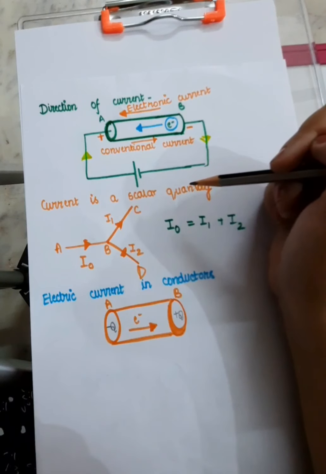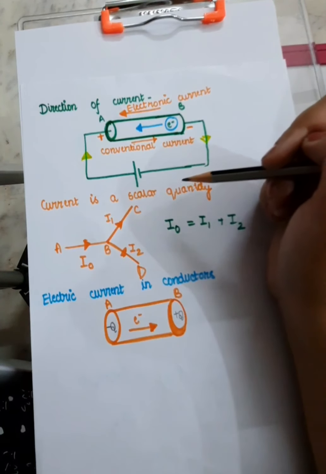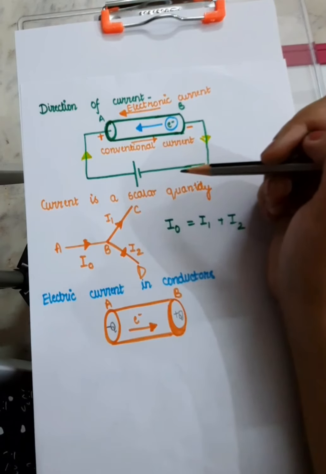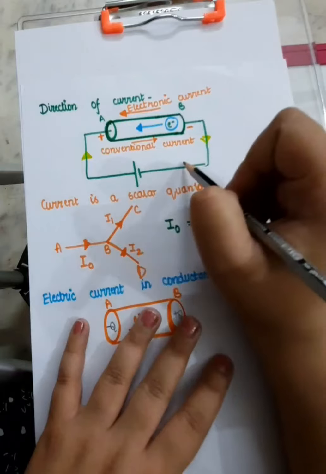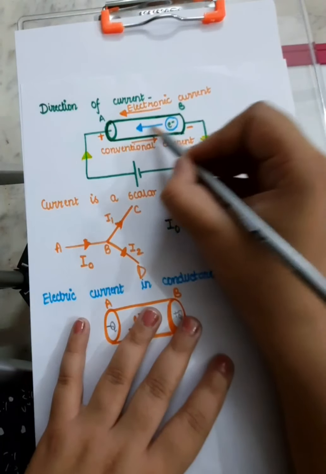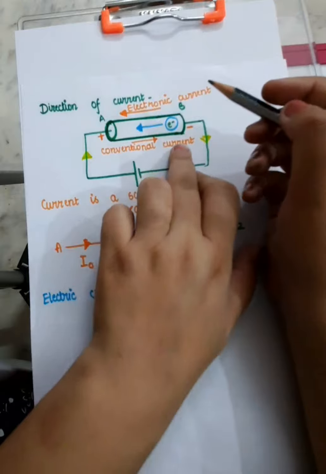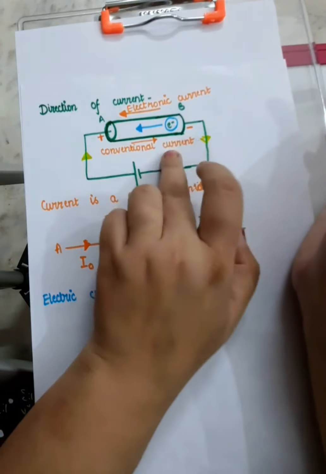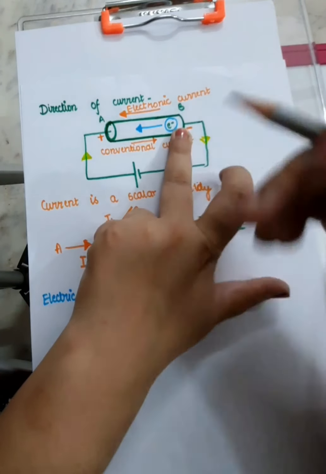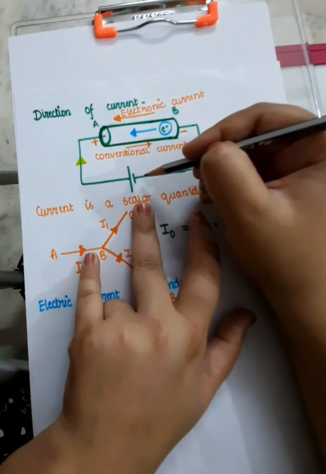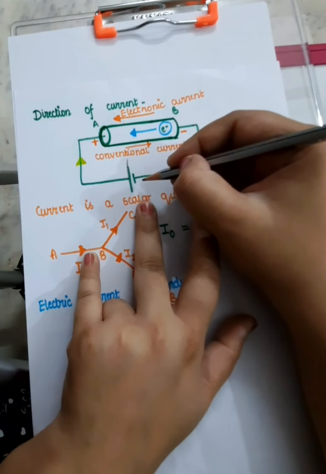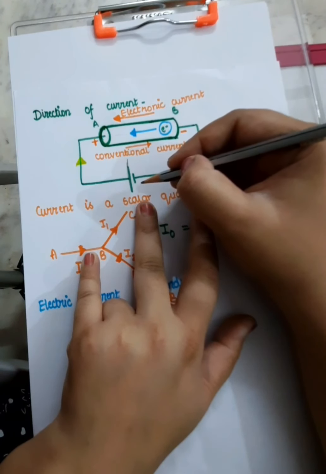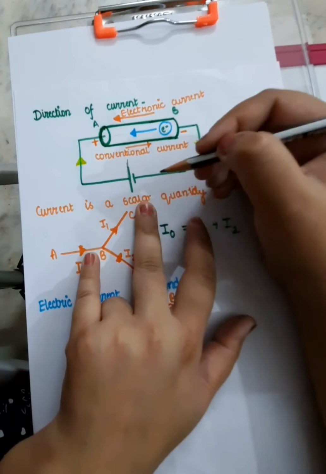our convention of this universe, our perception of this universe is like things flow from higher potential to lower potential. If I take this as the current, that electrons are flowing from here to the positive terminal, don't you think that if this is taken as the direction of ultimate current, what you are viewing is the flow from lower potential to higher potential, because I told you that this battery has two terminals where positive terminal is higher potential, negative terminal is lower potential.